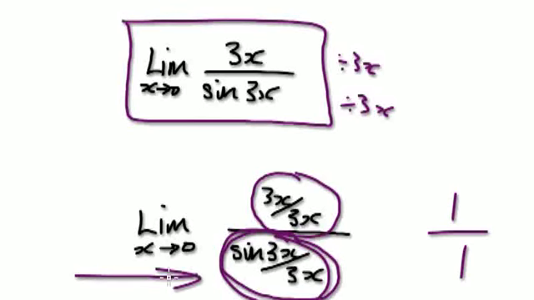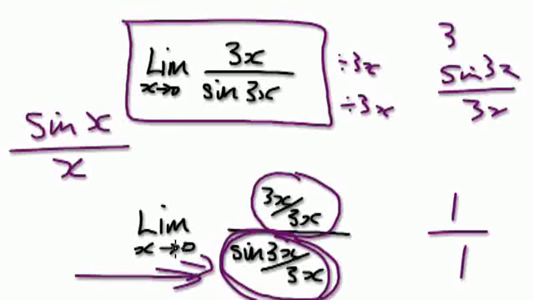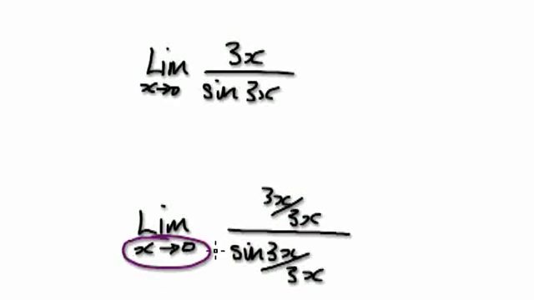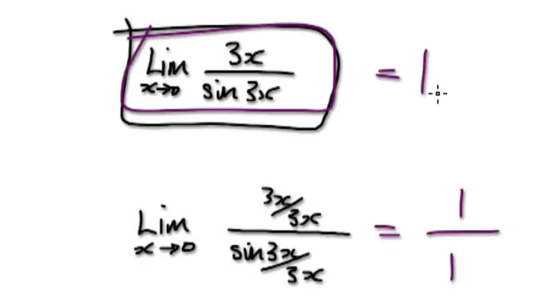We've done lots and lots of videos on why the limit of sine x over x is 1, and the same goes with sine 3x over 3x, because as x goes to 0, then this bubble here will automatically go to 0 anyway. So the limit of this whole thing will be 1 over 1, which is 1.